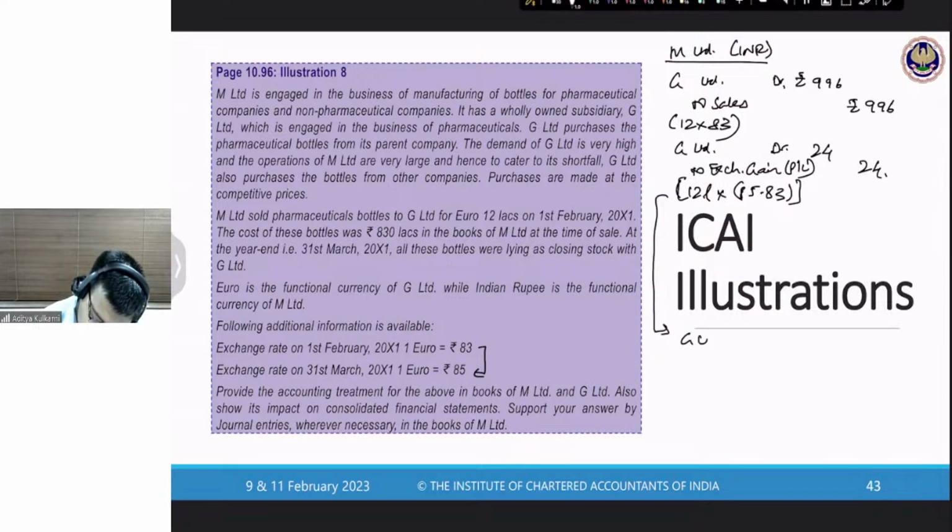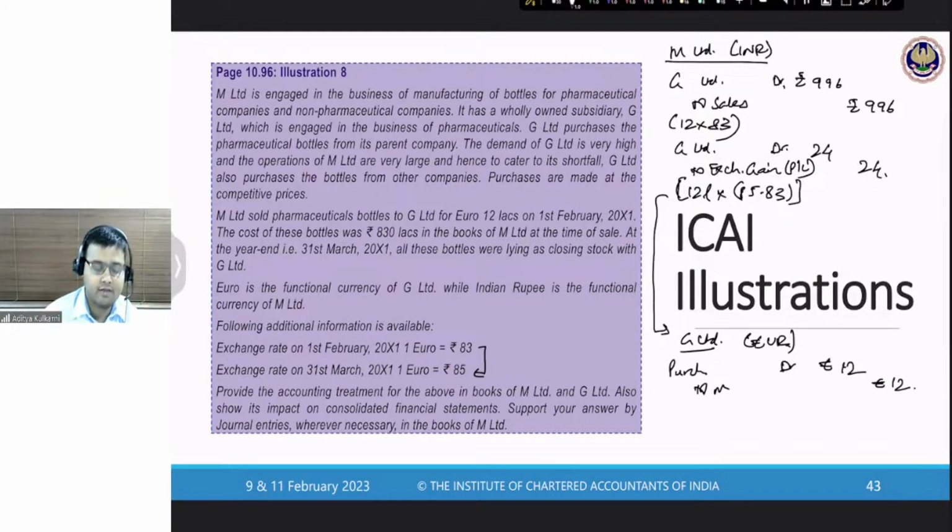What entry will G Limited do? The functional currency is euros. So it is going to record the purchases. Purchases debit to M. So this will be euros 12 lakhs. So will I have to record any movement here?